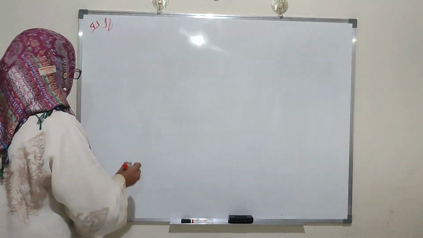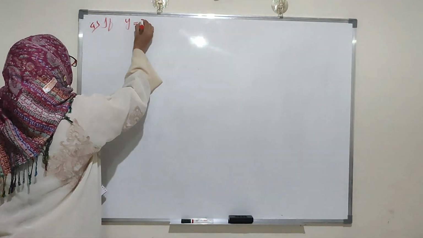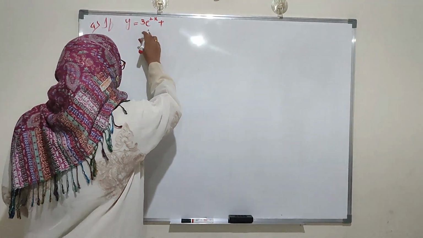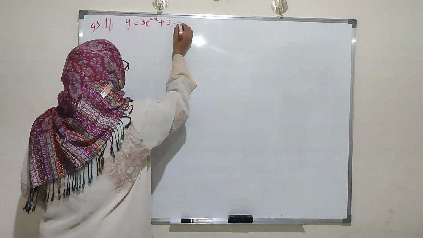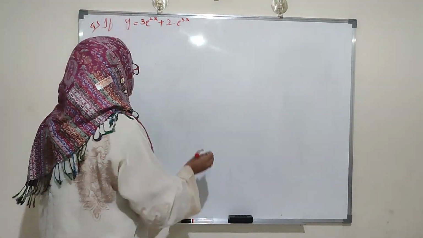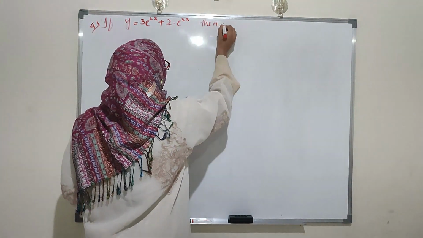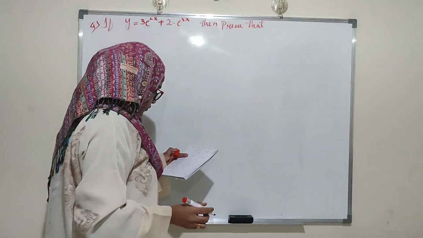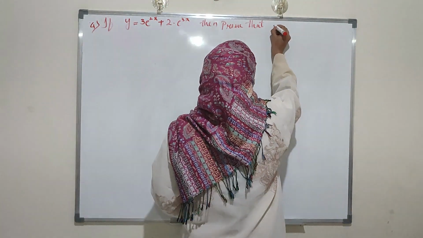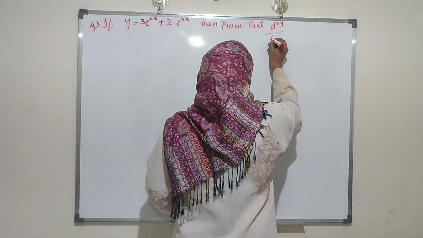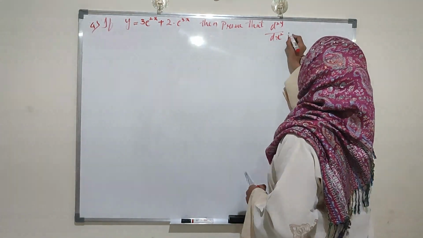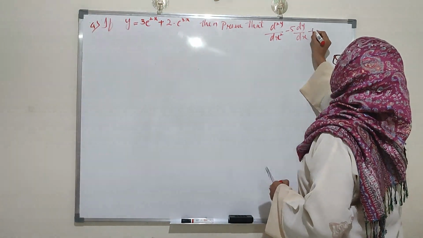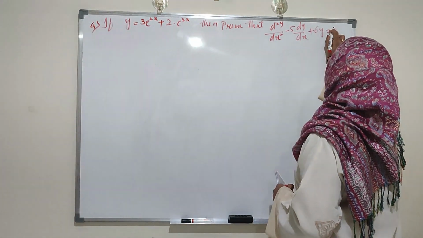If y is equal to 3 e raised to 2x plus 2 e raised to 3x, then prove that d2y by dx square minus 5 dy by dx plus 6y is equal to 0.